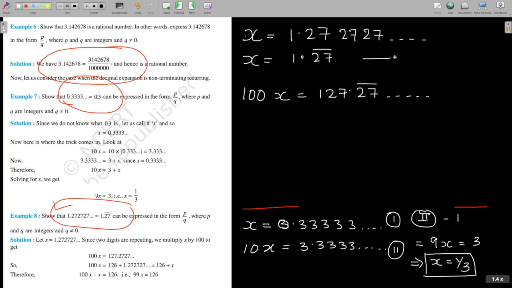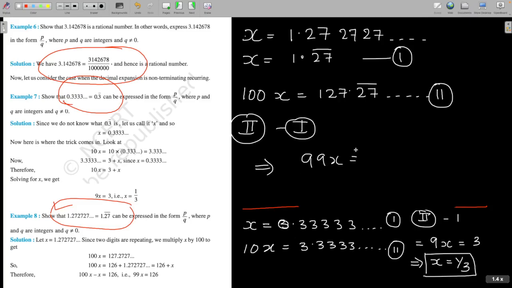And once again, I call this equation 1, call this equation 2, and 2 minus 1 gives me 99x is equal to 126, and this implies x is equal to 126 over 99. I see that there are some common factors, but I'll leave it as the problem solved.